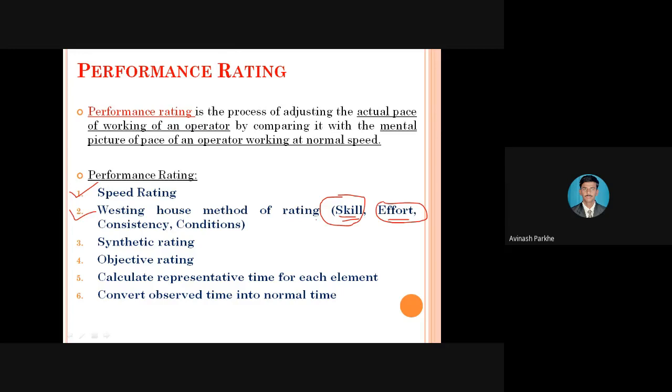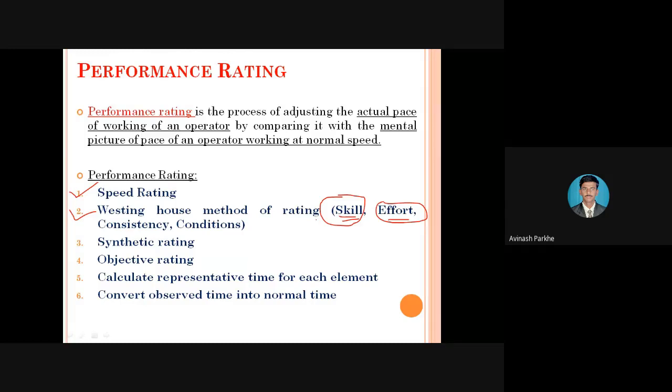Some operators immediately resolve the issues because they have knowledge about that particular machine, and they start the machine again. But on the other hand, some workers, once the machine is stopped, remain idle. They wait for their supervisor, or for some other person, so that the second person will repair that machine, and then that operator will start.